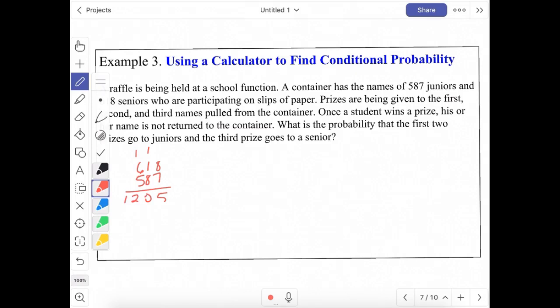So the first thing happening, the probability the first 2 go to juniors, so we have 587 juniors out of 1205. Now when this happens, again, we take that name out and it doesn't go back in. So that's the probability of drawing the first junior.